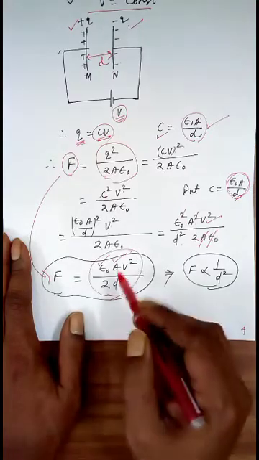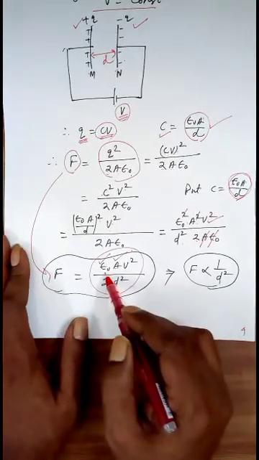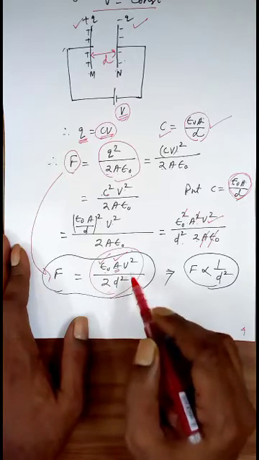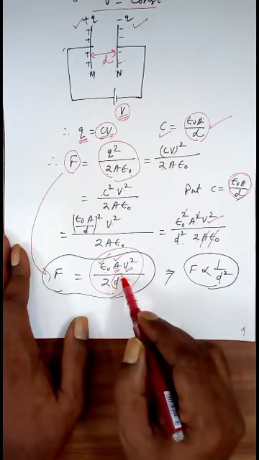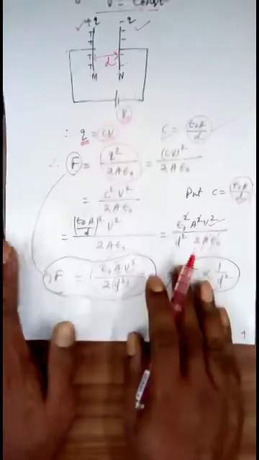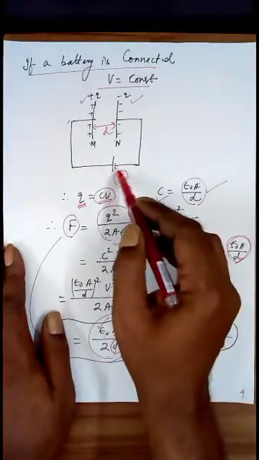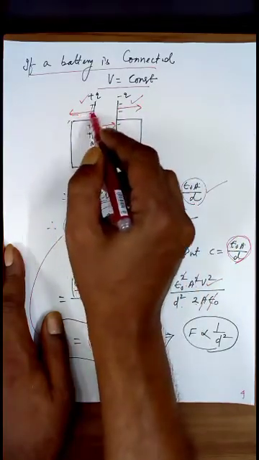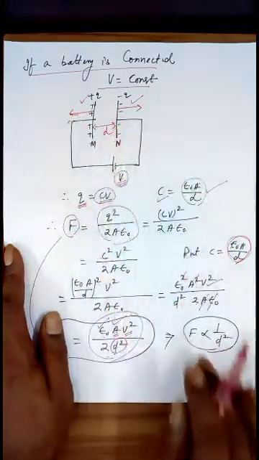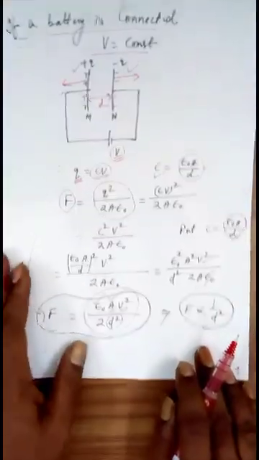Now look, what are the constants here? Epsilon naught is constant, the area of the plate is constant, and V is constant, since the battery is connected. So it is the distance D square. It means when the battery is connected, if I take this plate to this side and this plate to this side, then the distance D increases.